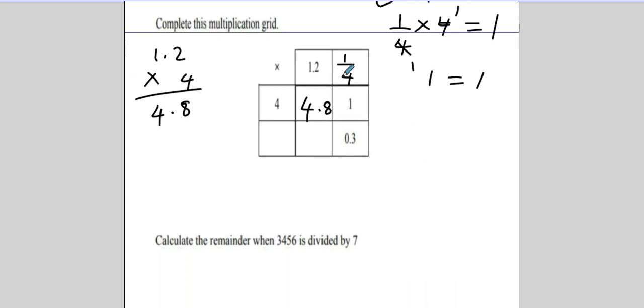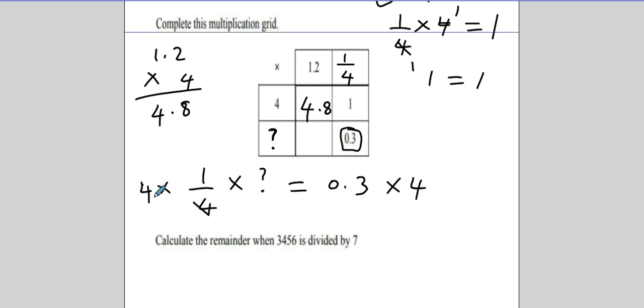Okay, then 1 over 4 times which number over here equals 0.3? To get this number, multiply by 4 here, multiply by 4 here, this 4 will cancel. So this missing number will be equal to 0.3 times 4.